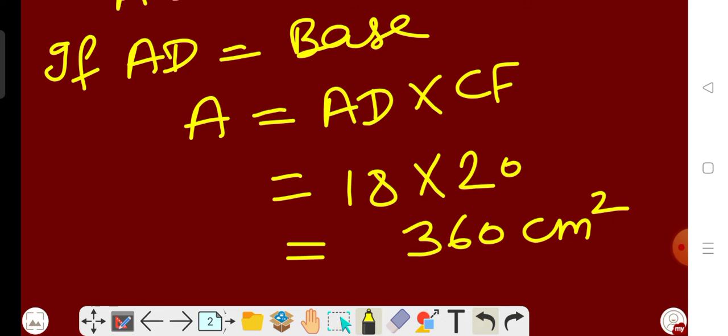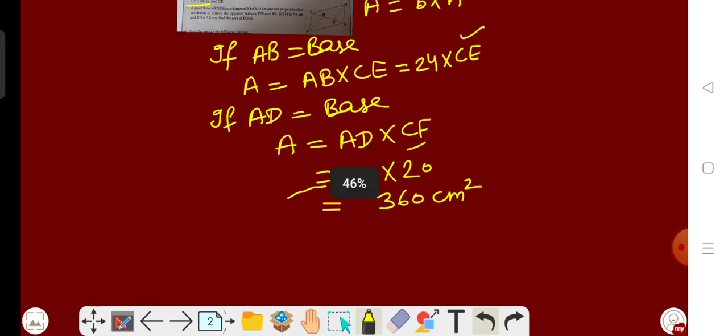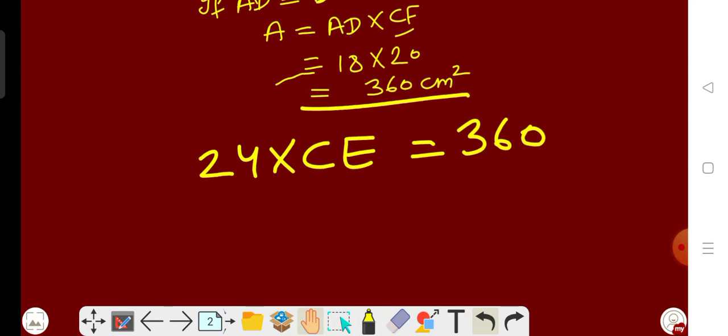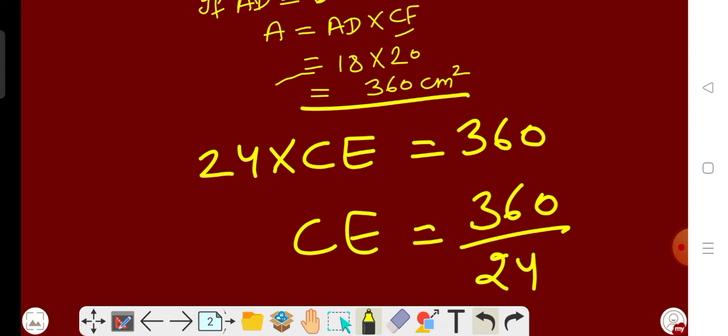Now look at this. This is the area of ABCD and this is also the area of ABCD, so both are the same. We can equate both of them. So 24 multiplied by CE is equal to 360. So CE is equal to 360 divided by 24.